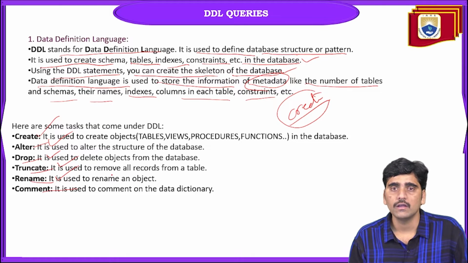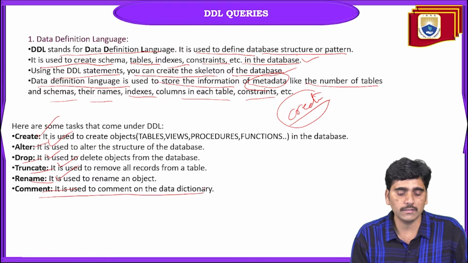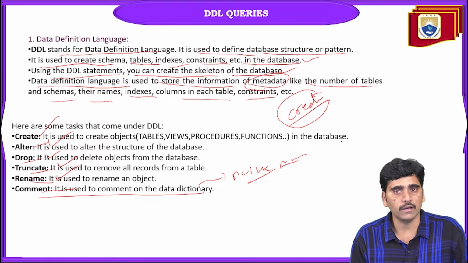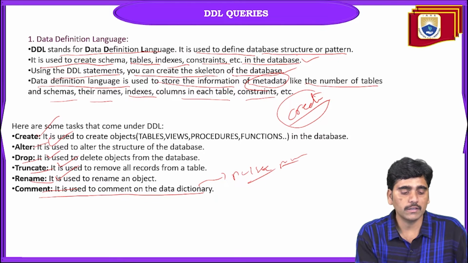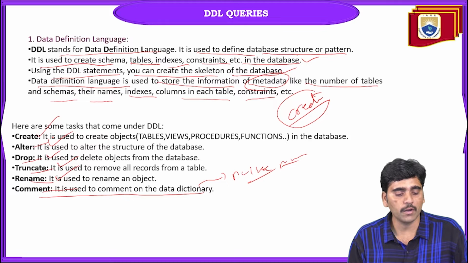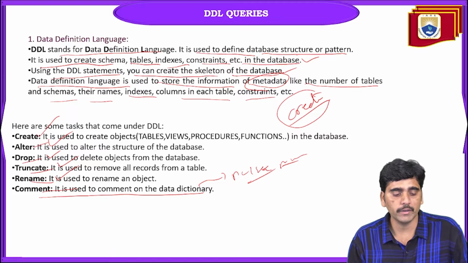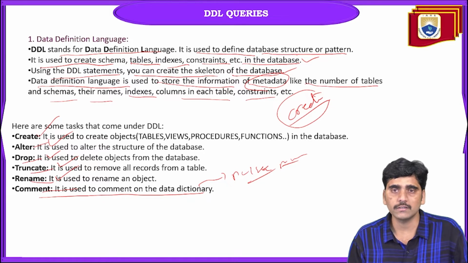Comments are used for commenting the lines, and this comment line is used in PL/SQL programming also. All these create, alter, drop, truncate, and rename commands you can use for creating the tables, renaming the tables, altering the tables, dropping the tables, and truncating the tables. So we'll see what syntaxes these have.